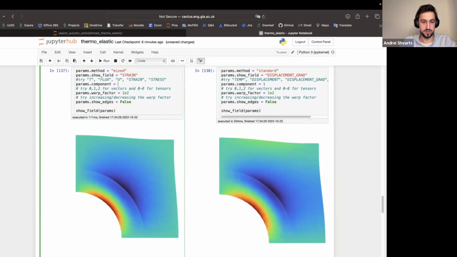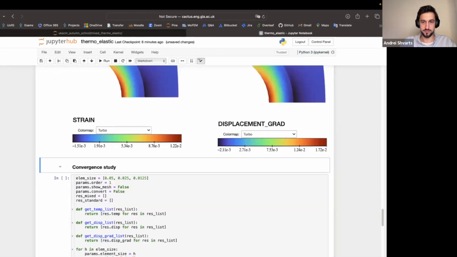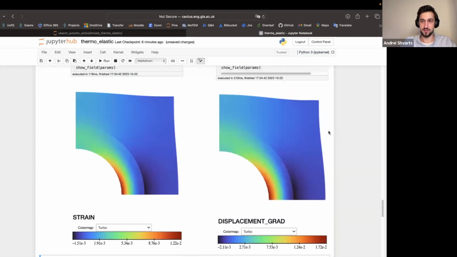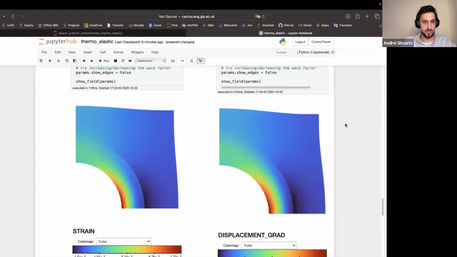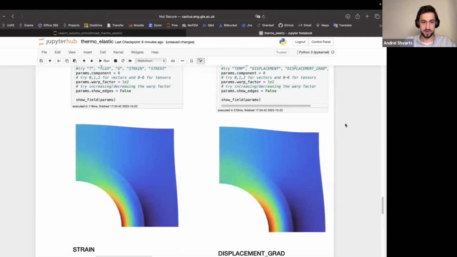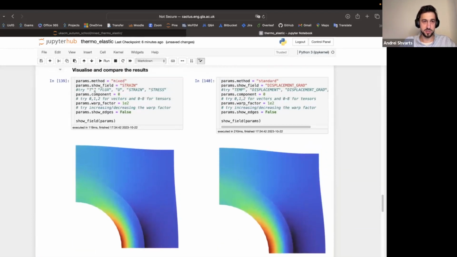If you want to look into the X term, you need to choose component 0. So the numbering is standard: 0, 1, 2 for the directions of a vector, and from 0 to 8 for a tensor, with the standard tensor notation, like in ParaView. So we see that the results are quite similar. It's the temperature which stands out in the difference between these two results.